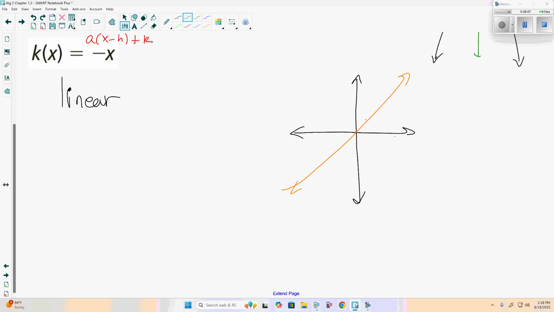The a value is indeed what? Negative. Since it's negative, it is a reflection across the x-axis.